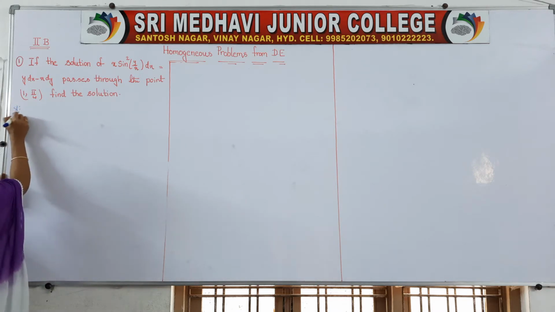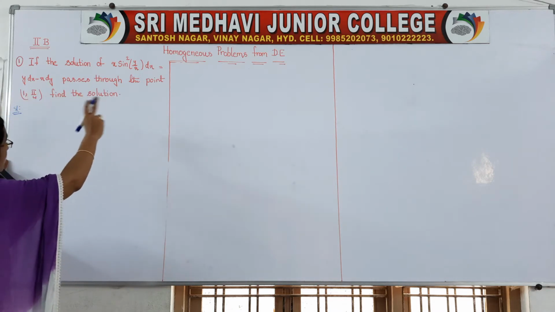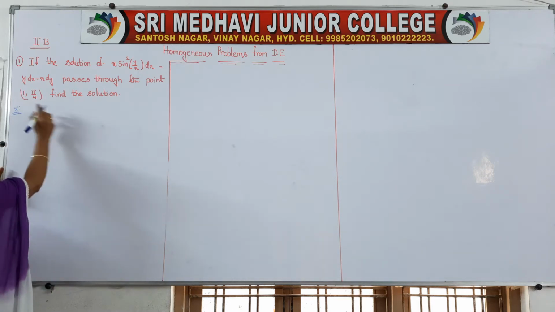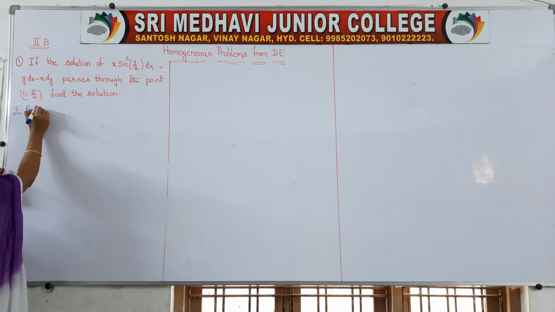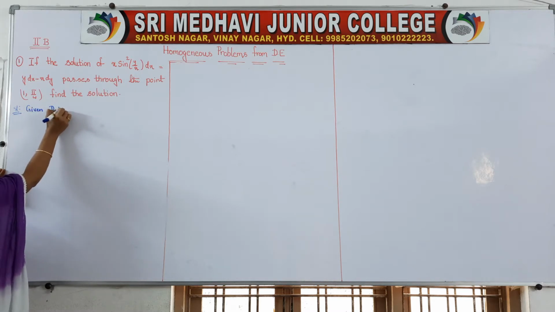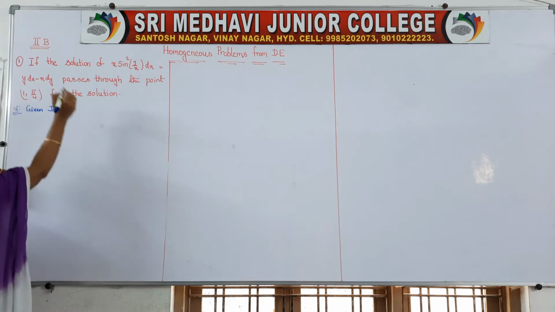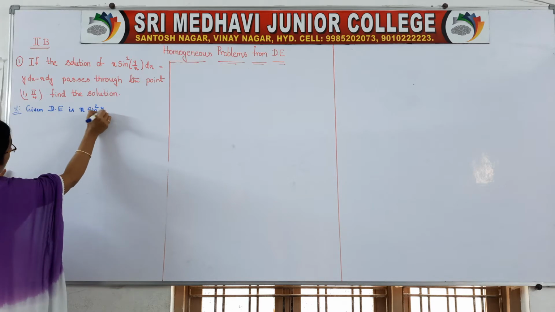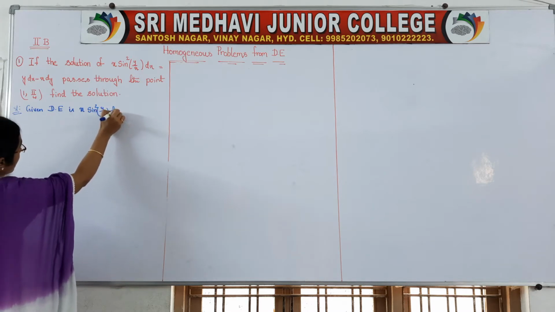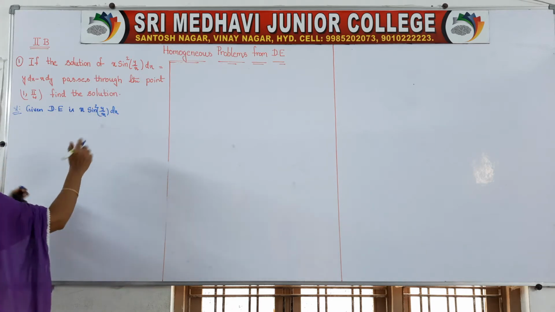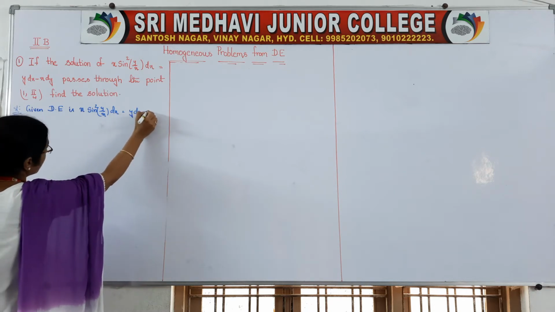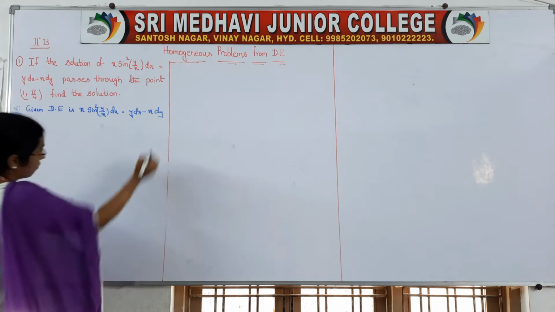Take the question: if the solution of this equation passes through the given point, find the solution. First, the given differential equation is x into sine square y by x dx is equal to y dx minus x dy.